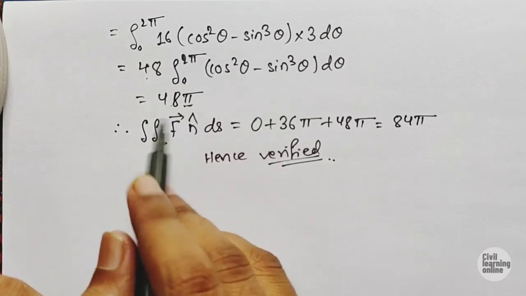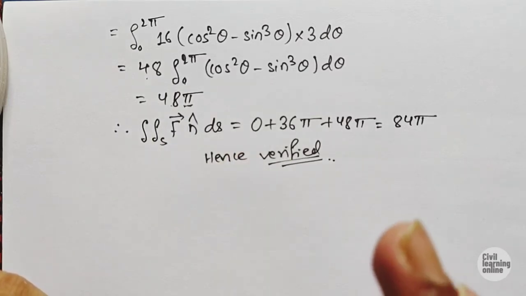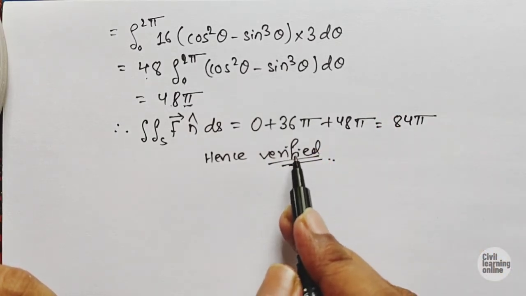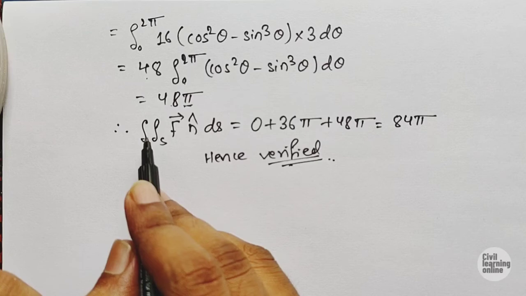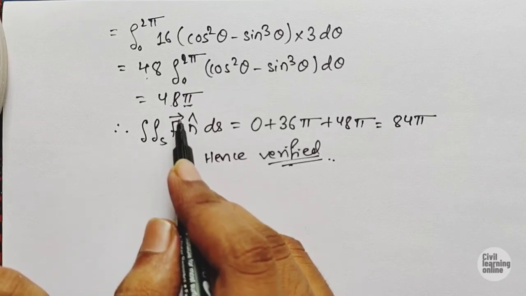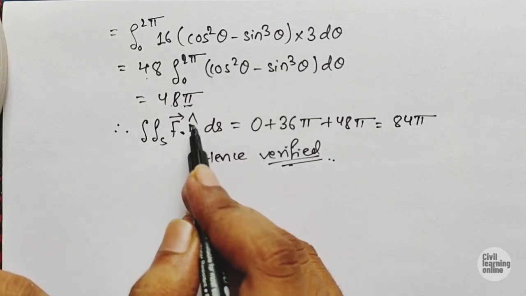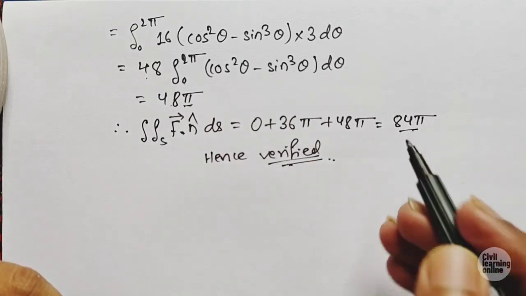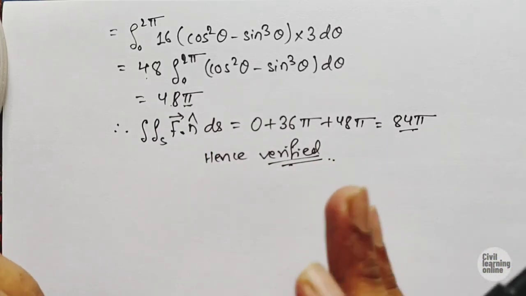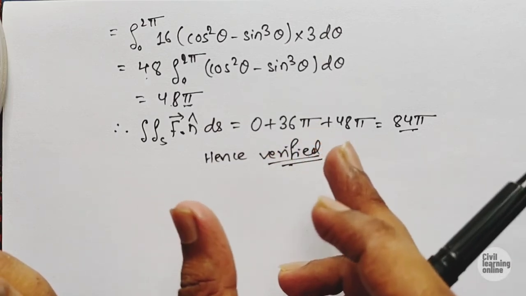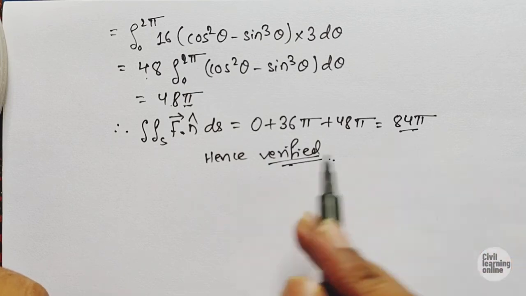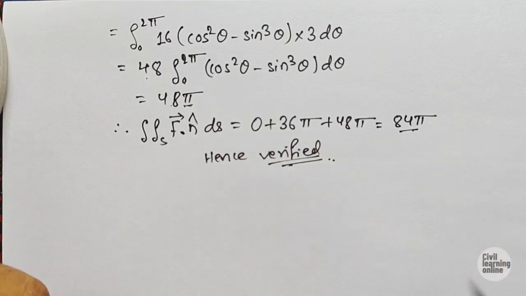From here we have proved that the divergence theorem is valid for this equation, because we have got the surface integration of the product of vector f and the vector n cap perpendicular to the surface equal to 84 pi, and previously we had also got the volumetric integration of the divergence of that f vector, which was also 84 pi. So LHS equals RHS, which means it is proved.